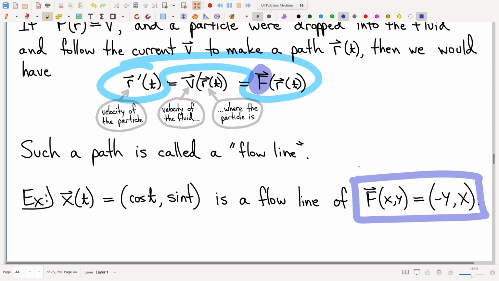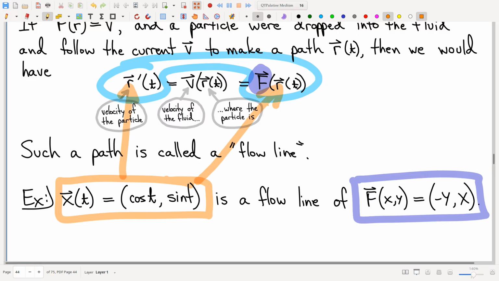Y'all can confirm this for yourselves. What I've written as x of t, I should probably call r of t. I think this was just an oversight.